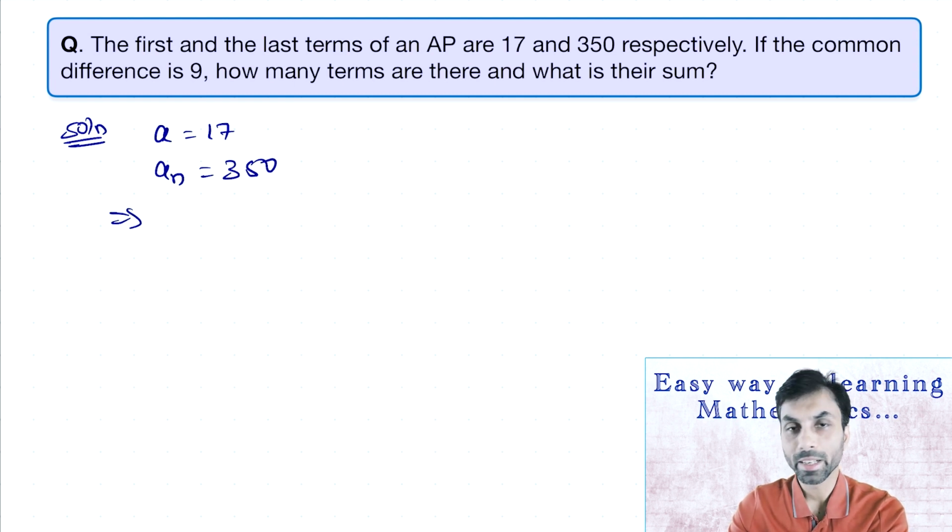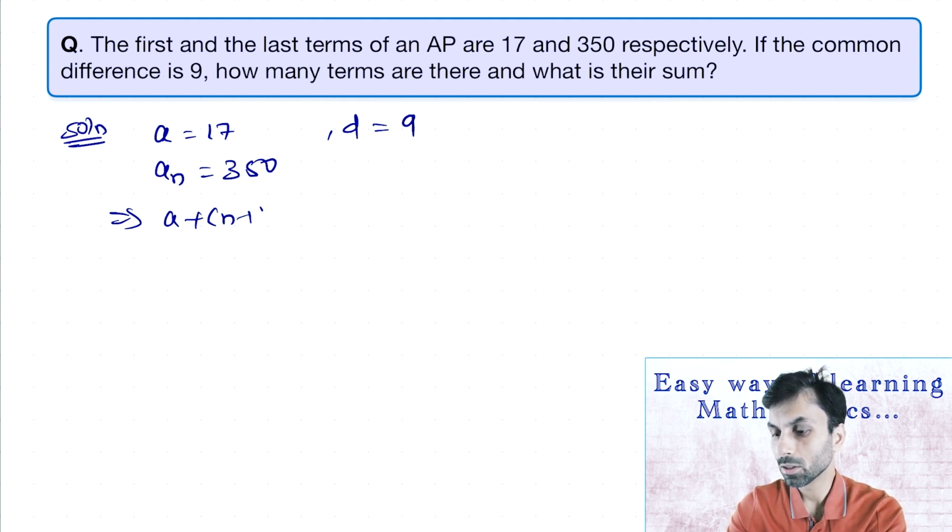So using that nth term formula, we will try to find out n value as the common difference is given as 9. So an is a plus (n minus 1) into d, which is 350. The value of a is 17 plus (n minus 1), common difference is 9, which is 350.